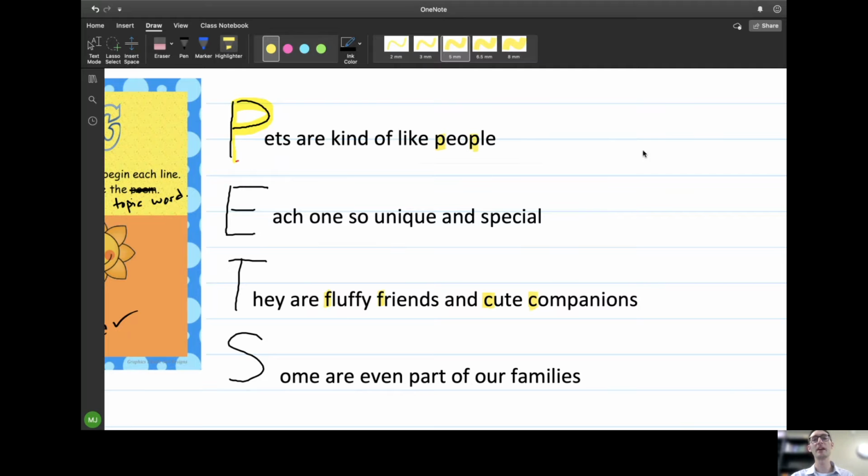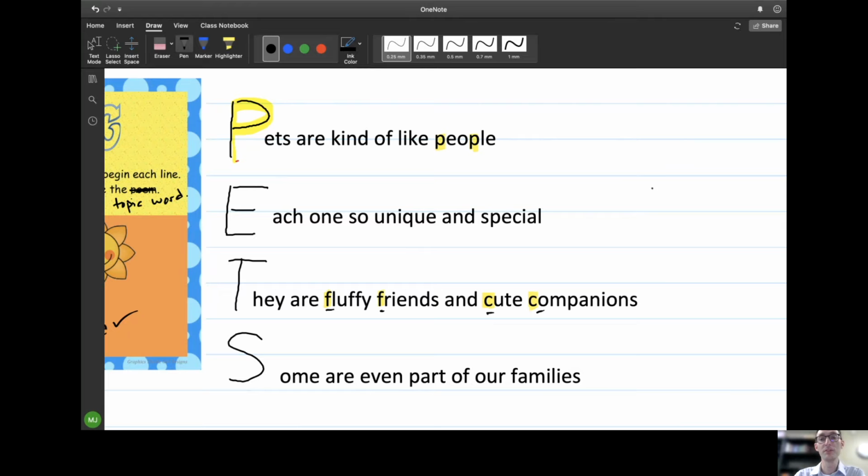And that's one of the things that are characteristic of poetry. Even if it doesn't rhyme, it doesn't have to. There's some kind of rhythm, some kind of pattern, some kind of structure and cadence that gives it interest and originality. If we look at the third line, they are fluffy friends, see the two F's there? And cute companions. Fluffy friends, cute companions.